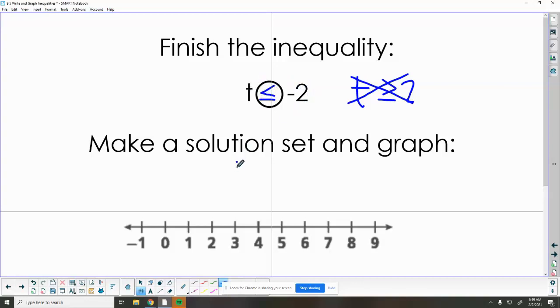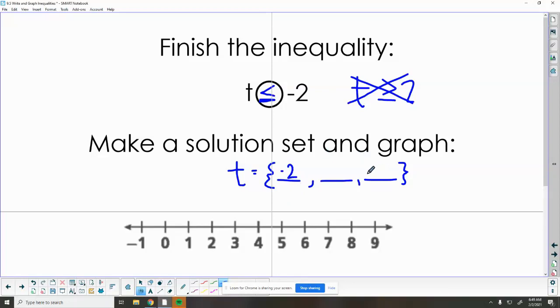Let's go ahead and make a solution set of 3 temperatures that T could be that are -2 or smaller. Always ask yourself, can it be -2? In this case, yes, it can, because we have this equal sign here. So it could be exactly -2. See if you can think of 2 other solutions.